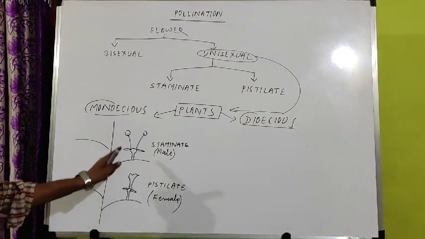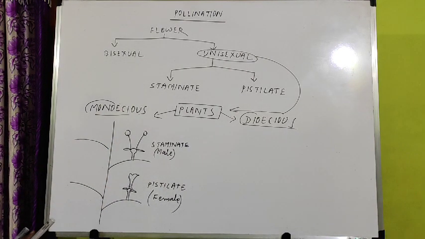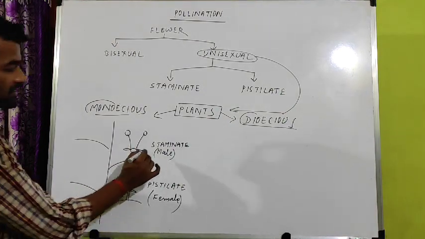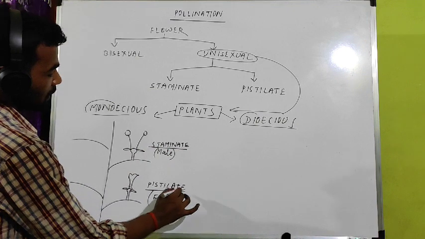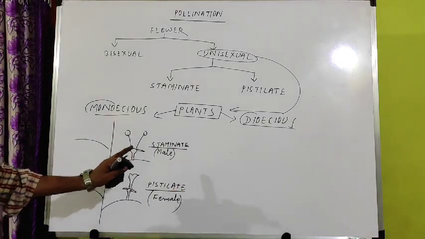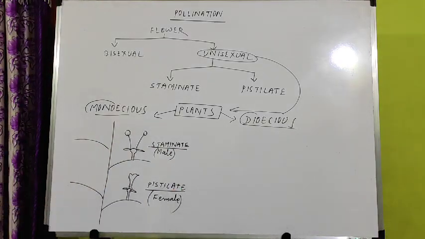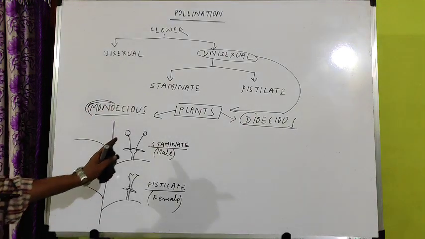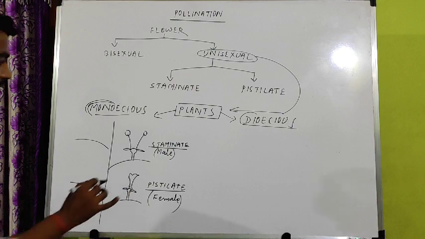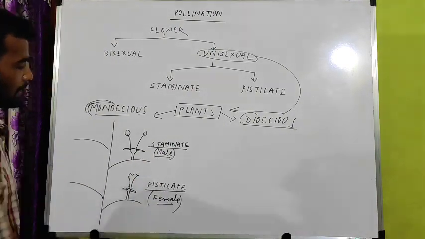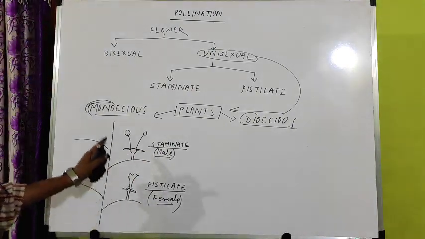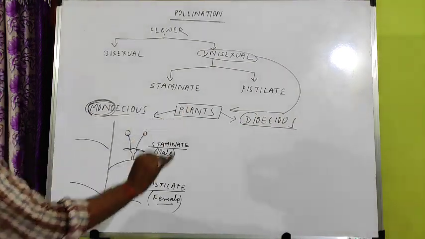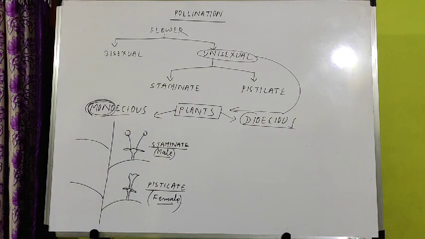Both are unisexual flowers, one male and one female, but two different flowers present in a single plant. Mono, so that's why monoecious. The plant is monoecious, the flower is not monoecious.